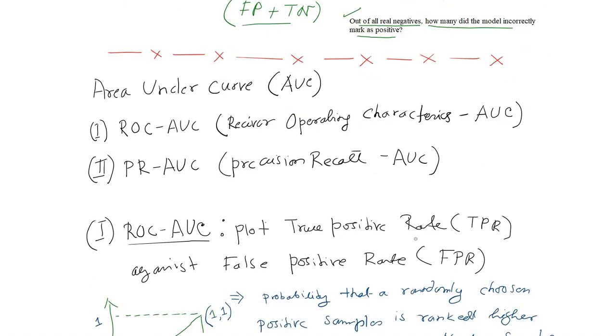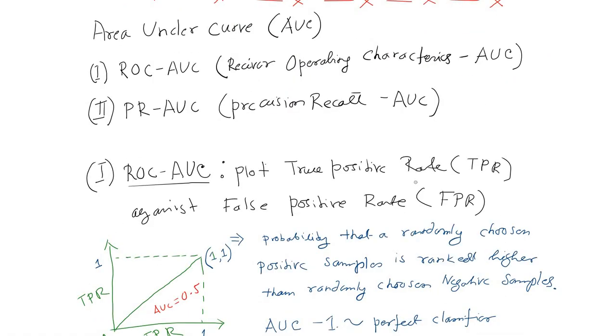Now let's come to the area under curve. This is how it looks in the diagram. One area under curve is the ROC AUC, the receiver operating characteristic area under curve.